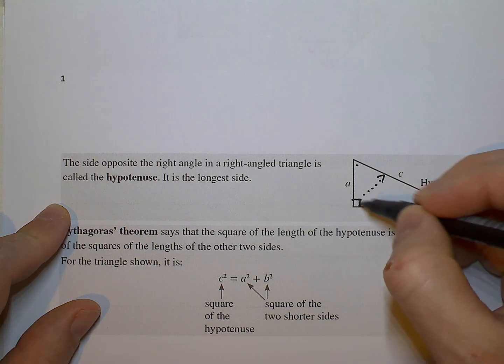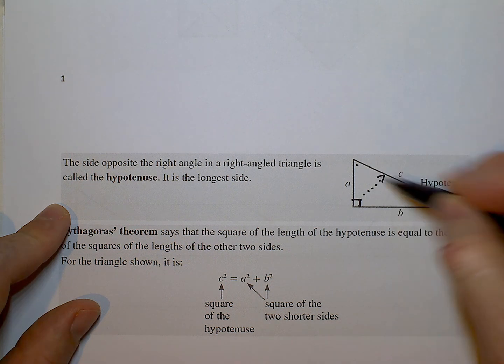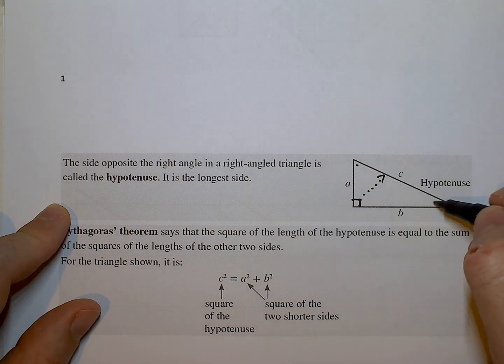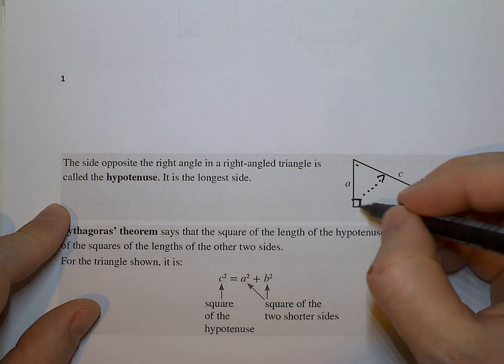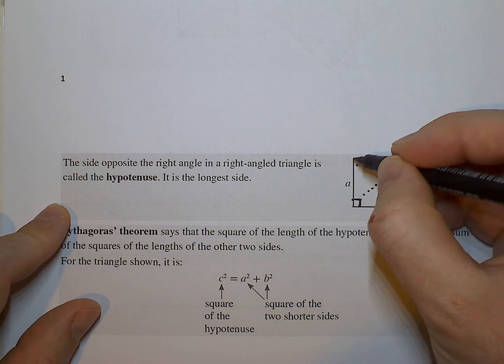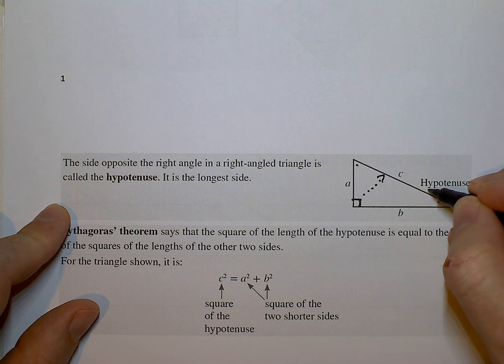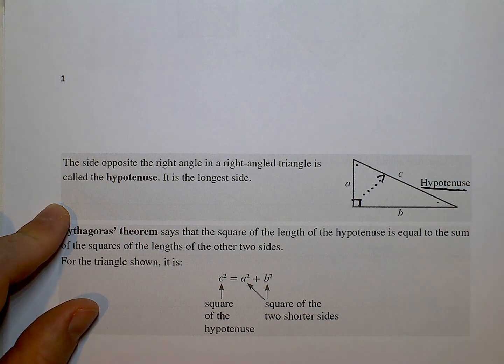So if this is 90, the other two have to share the remaining 90 between them, so they cannot project a bigger side. Hence, this is always 90 and the side opposite it will be the largest side, and it's called the hypotenuse.